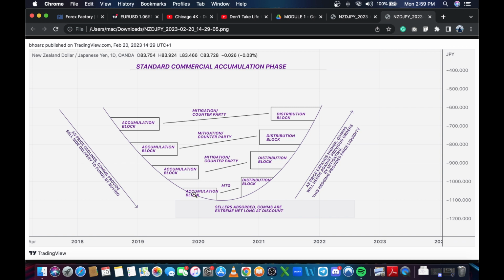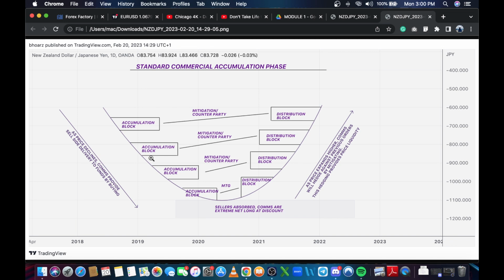When the market was declining, the funds were shorting, and the central banks were buying from them. As the market rises higher, the central banks would then sell against the funds who are buying. This is how liquidity is provided, and in the process, they also mitigate pre-existing positions that were used to facilitate order flow.